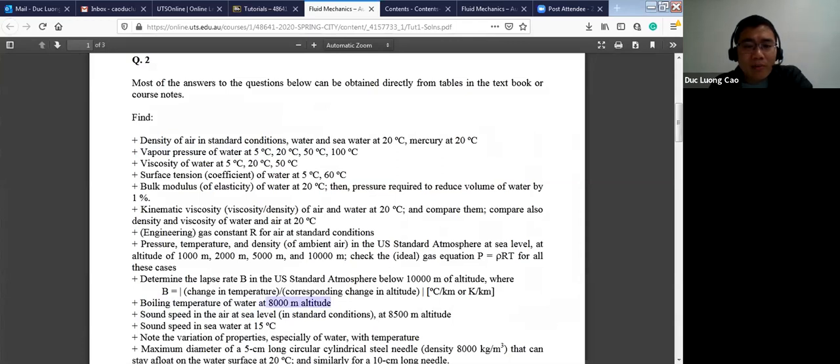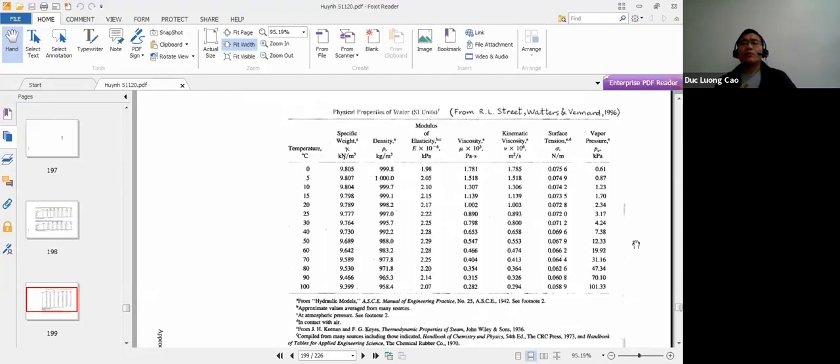I will talk about altitude later. Do you have any question about this one? Use the table, but you have to understand what vapor pressure is and what boiling temperature is. If this one is pressure, this temperature is boiling temperature.